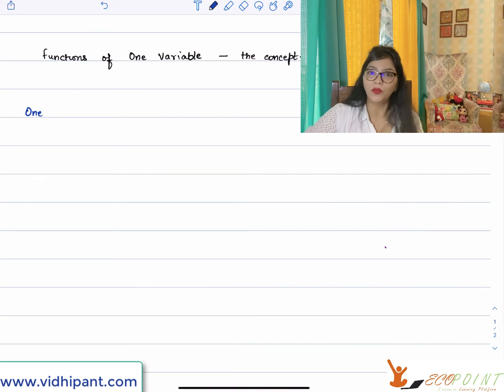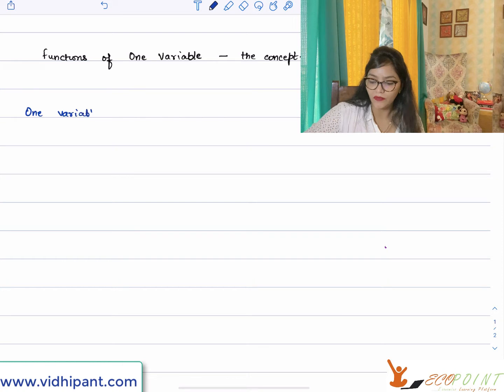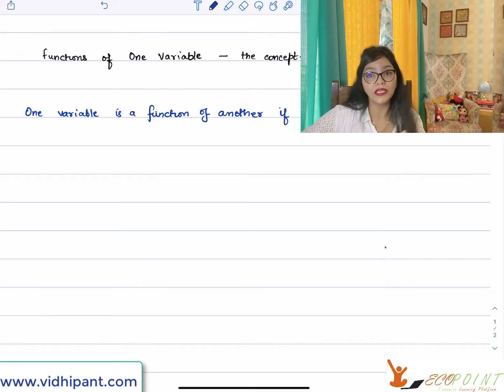When you have a one variable function, that basically means that you have two variables being involved, and one variable is dependent on, or a function of, another. So one variable is a function of another if the first variable is dependent on the second.